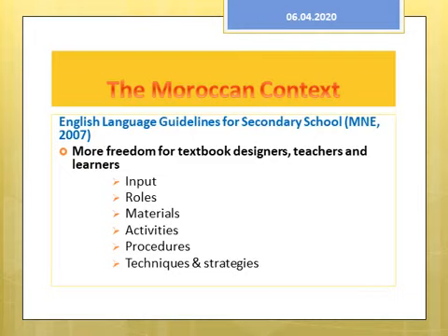One of the advantages of this standards-based language teaching is that it has given more freedom to teachers, learners, and textbook designers to select, design, and organize their materials, techniques, and strategies because it did not specify the input which they must use. It did not specify the content of the textbooks, the activities, and the techniques which teachers should use.